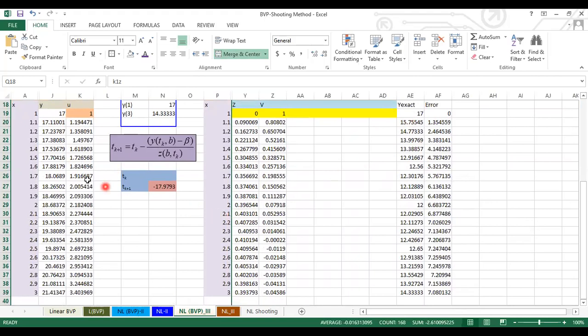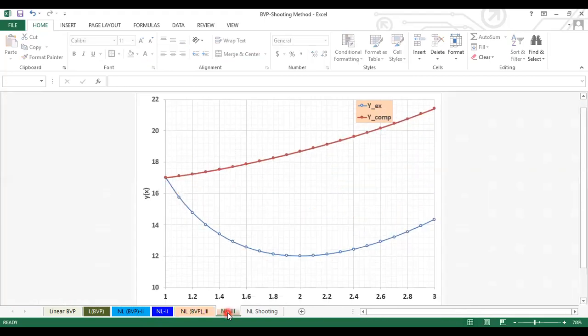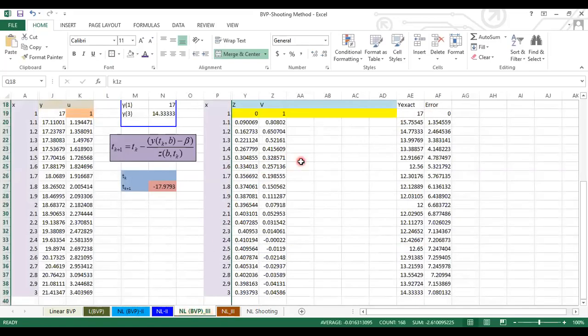Well, if we plot these values y from column J and from column AE, we will have a figure like this. So we have the blue curve as the exact solution, and we have the approximate solution computed at one slope value as the red one. So now it is time to update the solution.